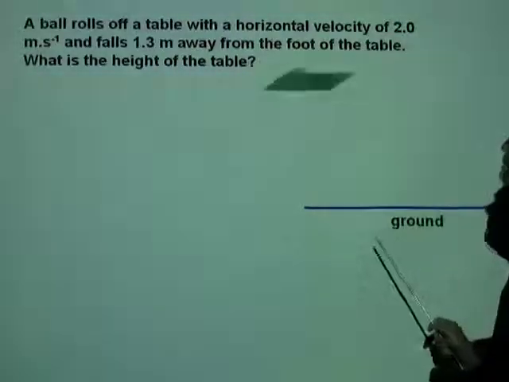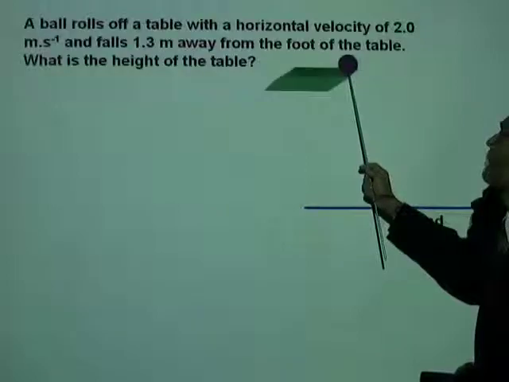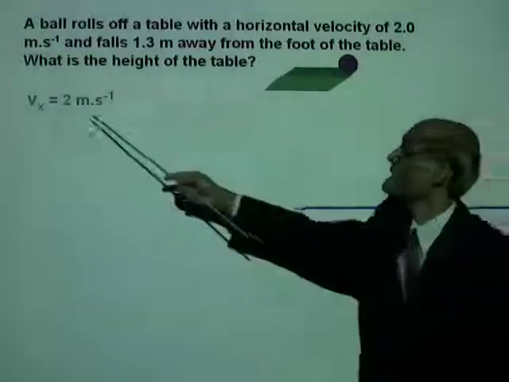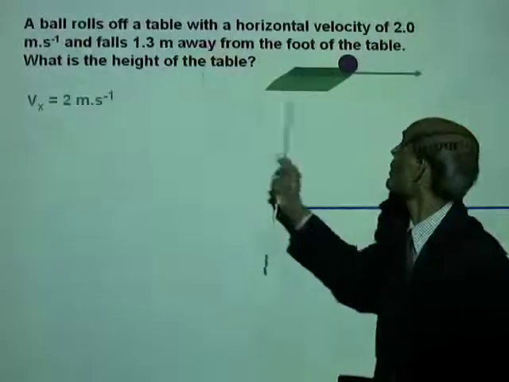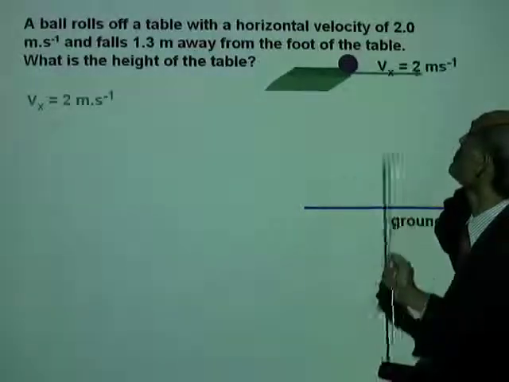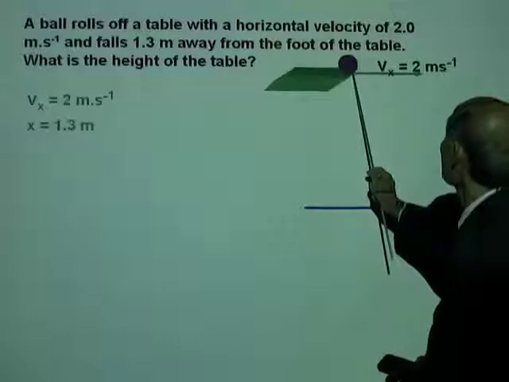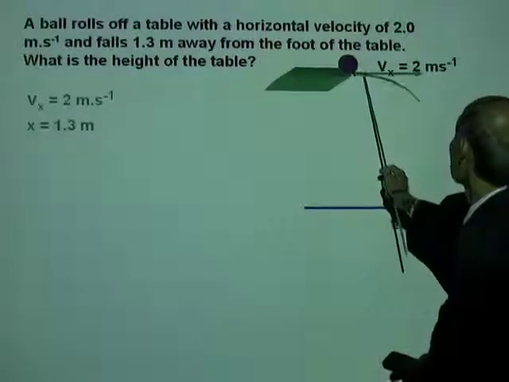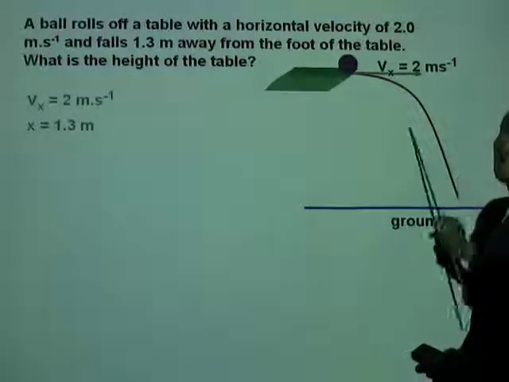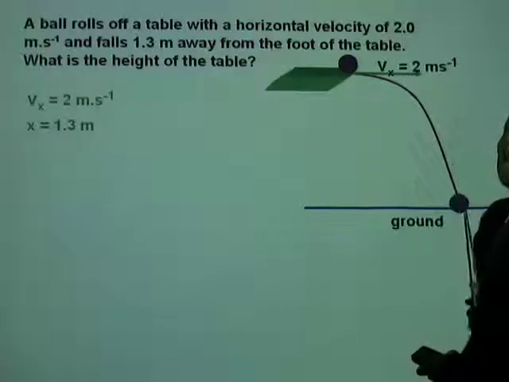Now this is the ground, and here is the table, and the ball is projected with a horizontal velocity Vx equal to 2 meters per second. And how is the ball going to go? It falls in a path like this. There you are.